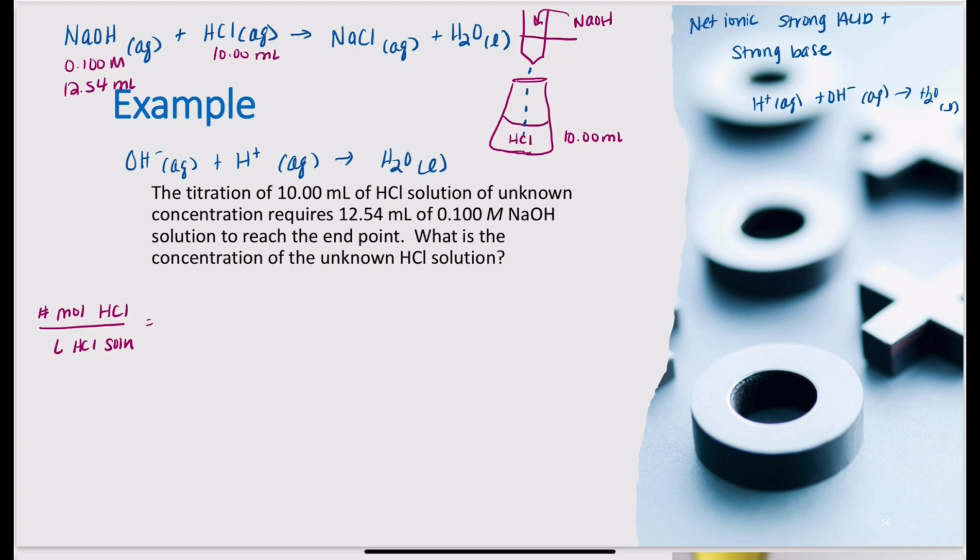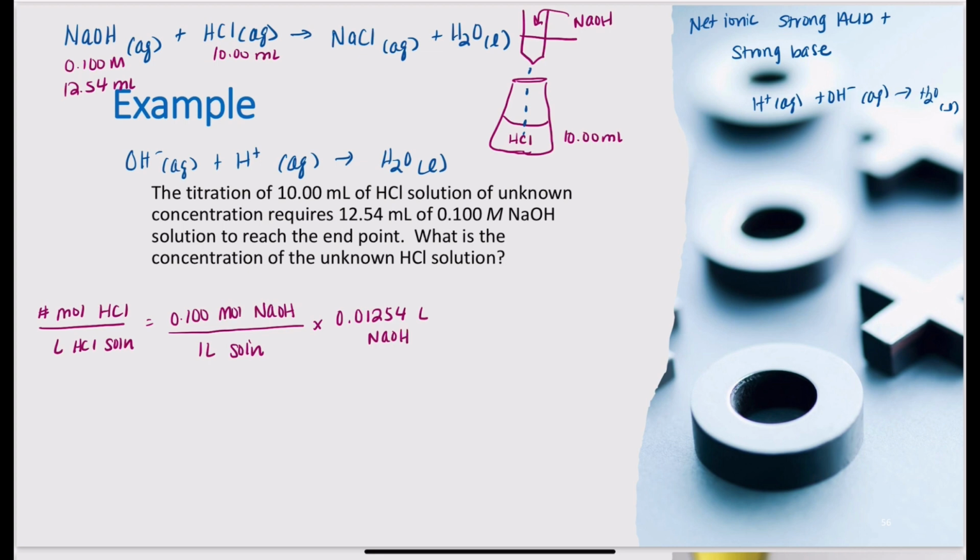I'm going to start with sodium hydroxide because that's all I know. I have 0.100 moles of NaOH to 1 liter of solution, and it took 0.01254 liters of the NaOH solution to reach the endpoint.